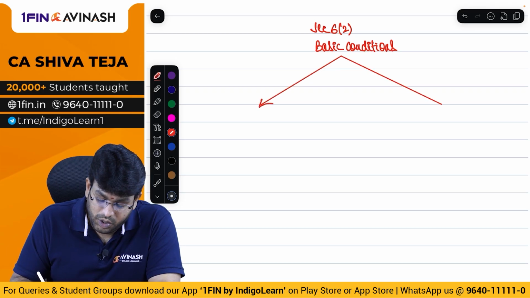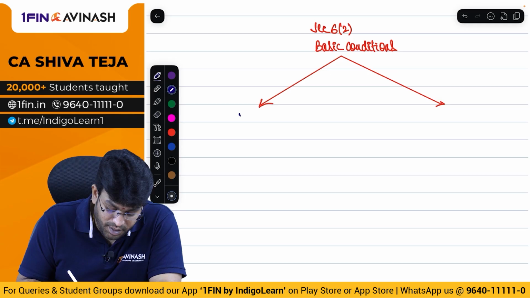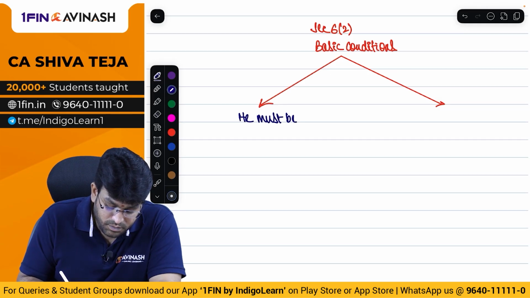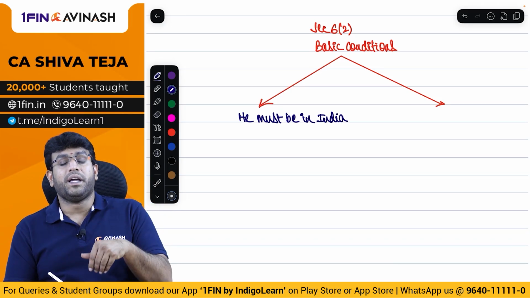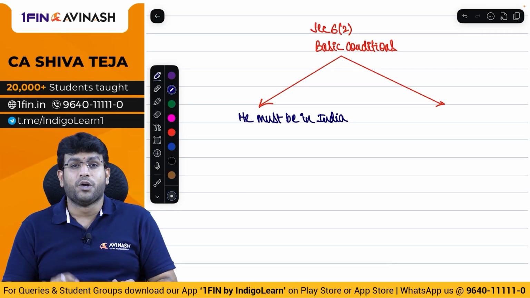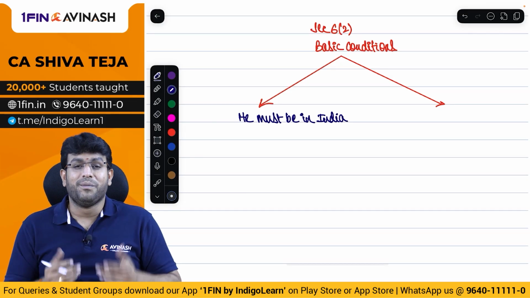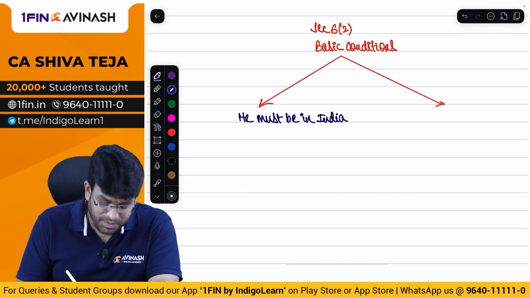There are two basic conditions, my dear friends. Number 1, he must be in India. When I say he must be in India, it means physically present in India, not online, virtual, or AI. He must be physically present.